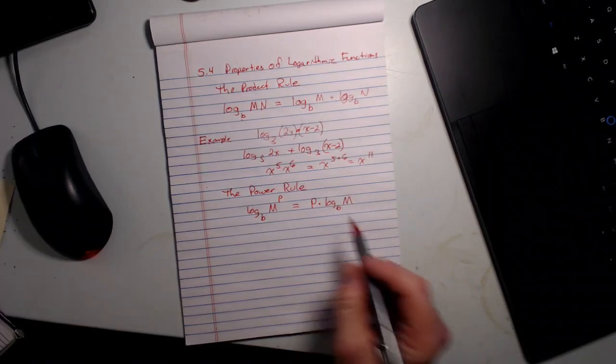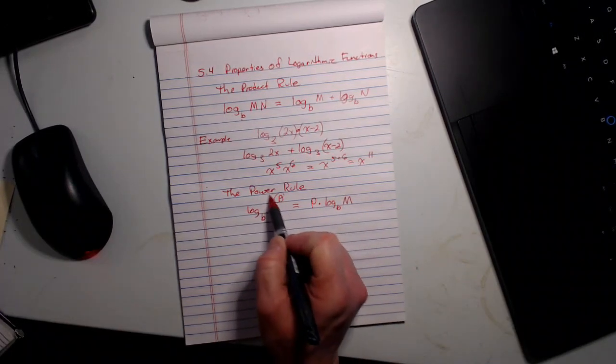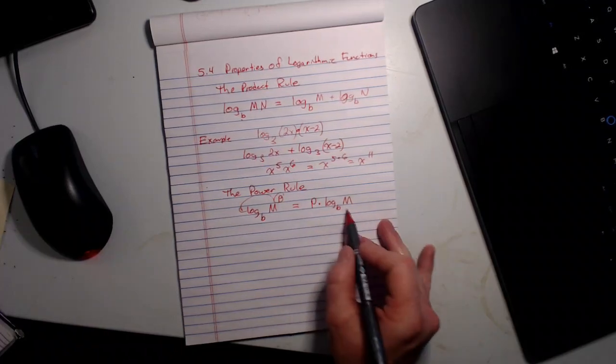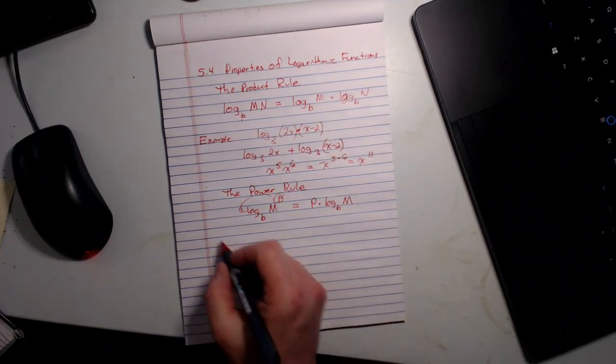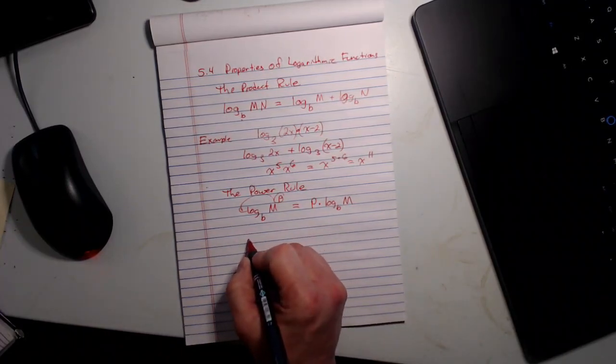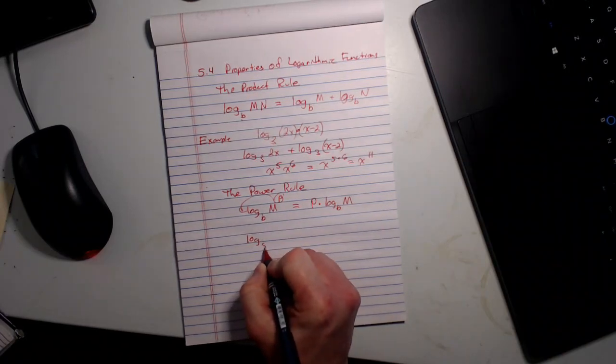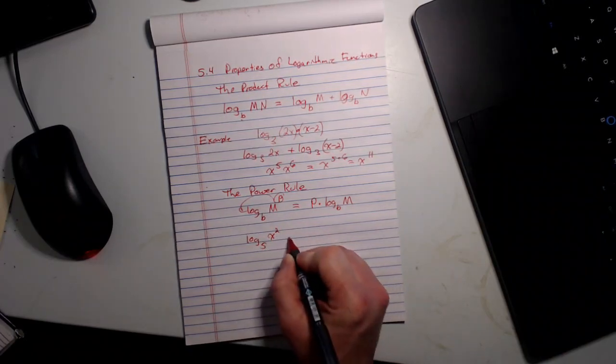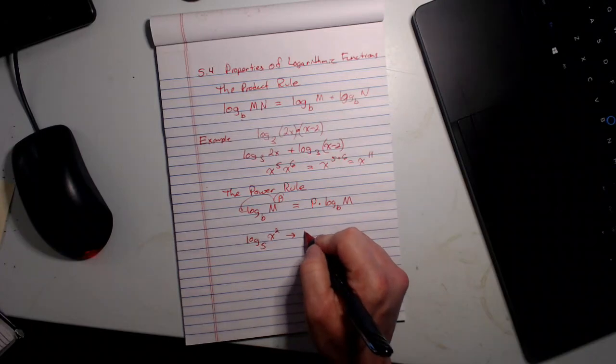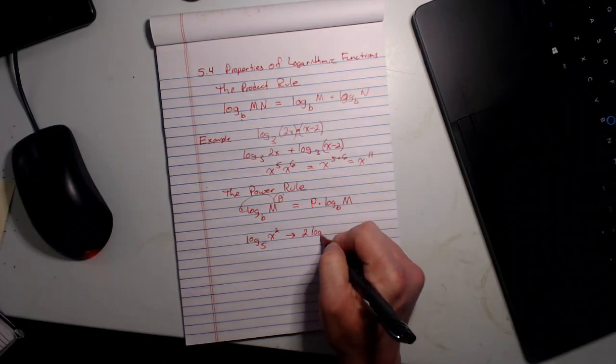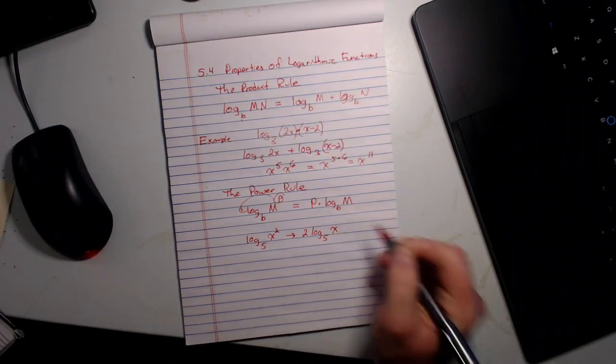So it has the effect of bringing the exponent down front, and you rewrite it like this. So an example of that would be log base 5 of x squared. You can change that to 2 times log base 5 of x.